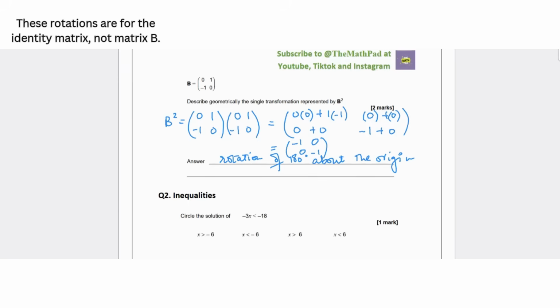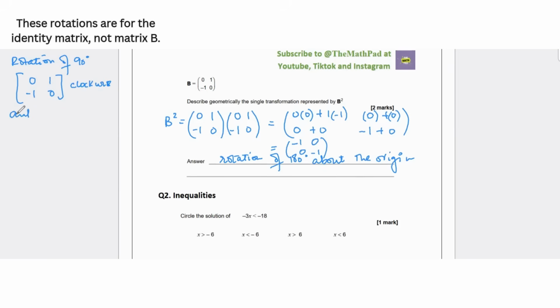For other forms of rotation, if we have a rotation of 90 degrees, then the matrix is going to look like 0, negative 1, 1, 0. Then if we have a rotation of, and this is clockwise.